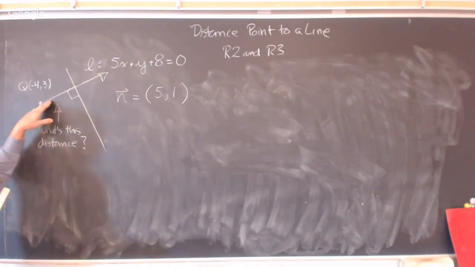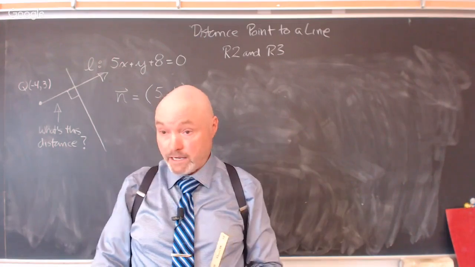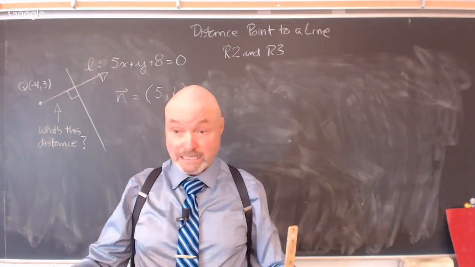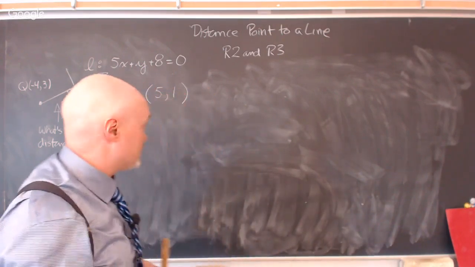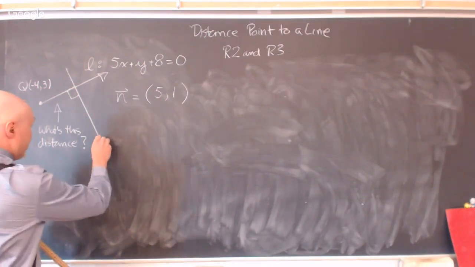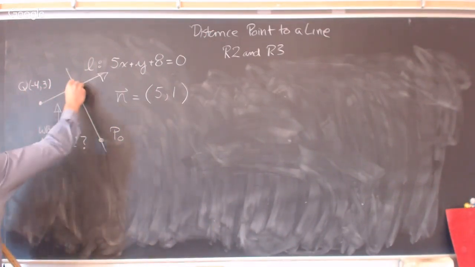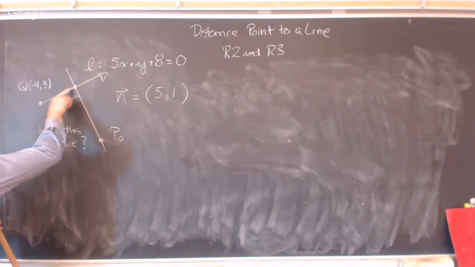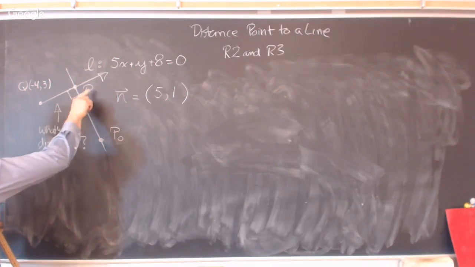I need to find this distance. There's no really handy way to do it. There is a way I could use the dot product. We're going to use a method by which we project one vector onto the normal vector to find out what the distance is, okay? So if I just have a point out here, any old point, which I'm going to call P naught, and I'm going to call this point that is the shortest distance to P, I'm going to call this one P up here, okay?